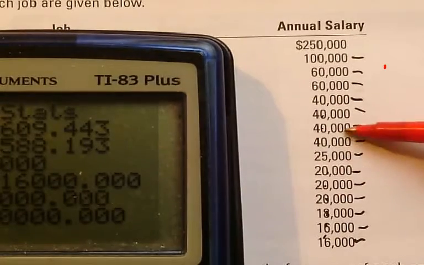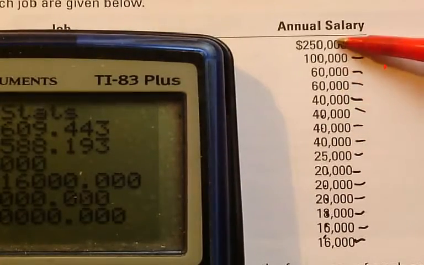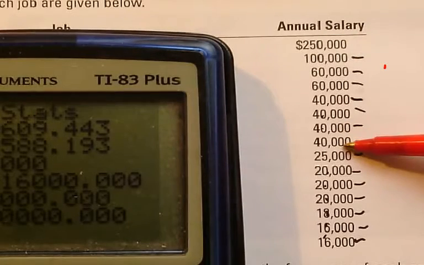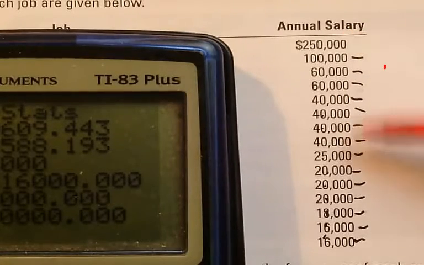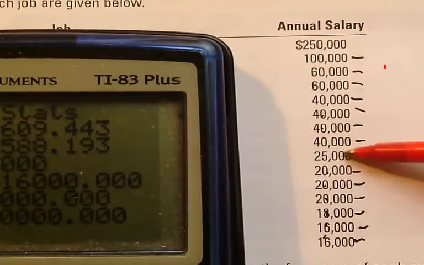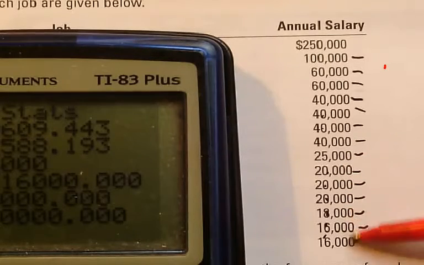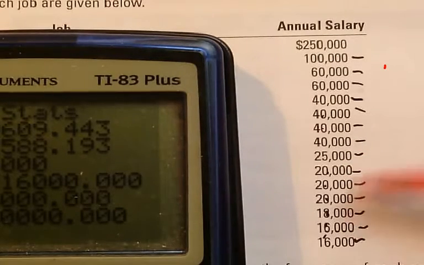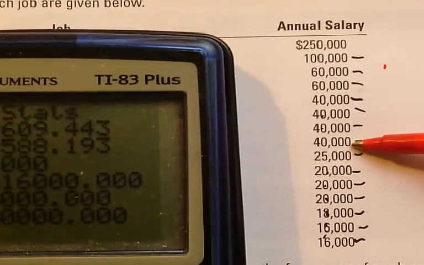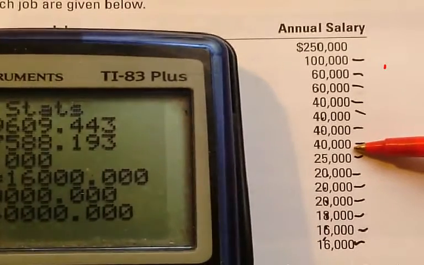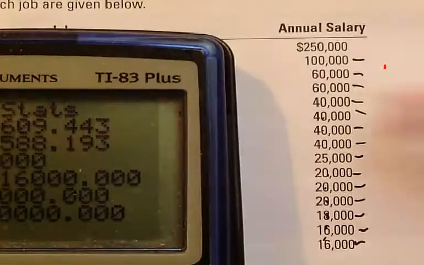Now that's more like it, because 1, 2, 3, 4, 5, 6, 7, 8 people are at the median or above, and 1, 2, 3, 4, 5, 6, 7 people are below. So that makes more sense, that would be a good average, right? So you'll see when they do the mean and median.